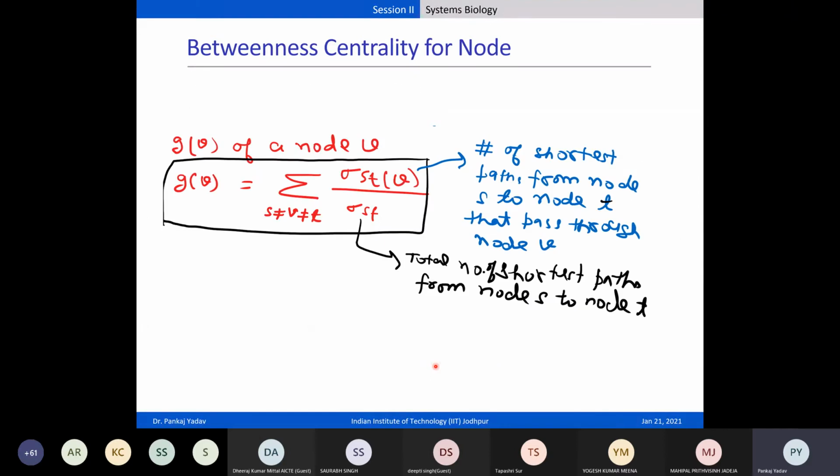Mathematically, this is how it is defined for a node.